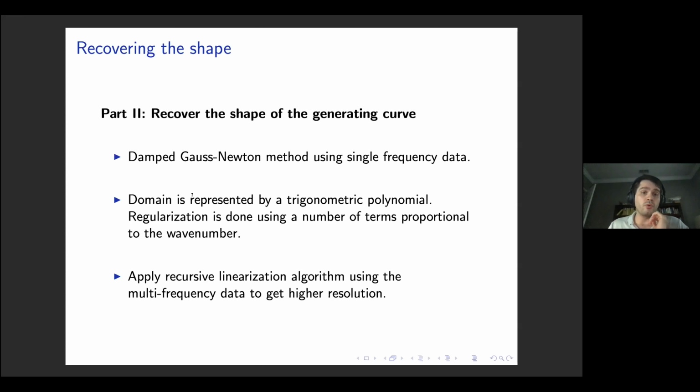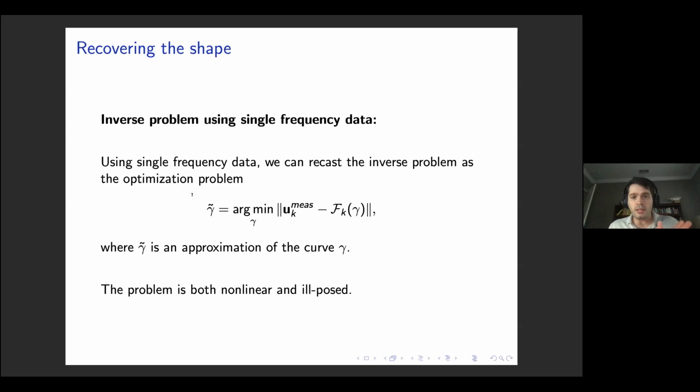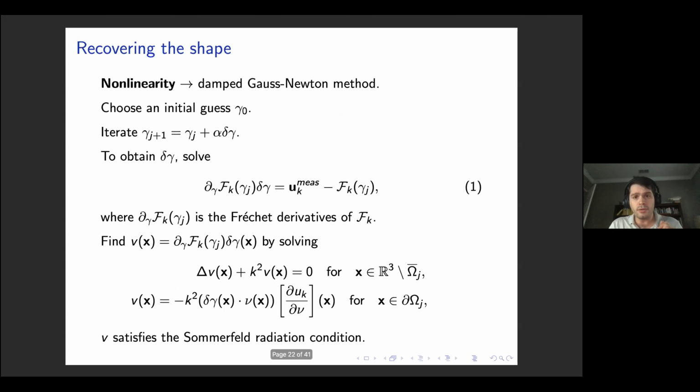We are going to solve the problem as a sequence of single frequency problems, going from lowest frequency to highest frequency, where the solution of the previous frequency i is going to be the initial guess of the problem at i+1. Okay, so the problem solved by single frequency has to be this one here.